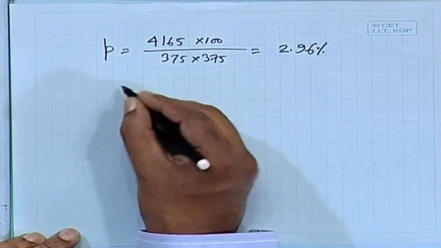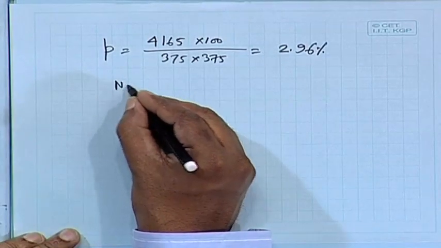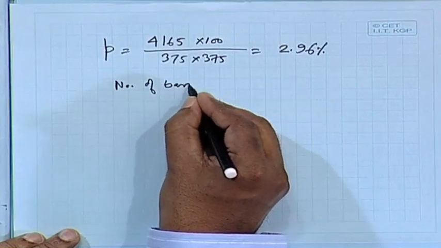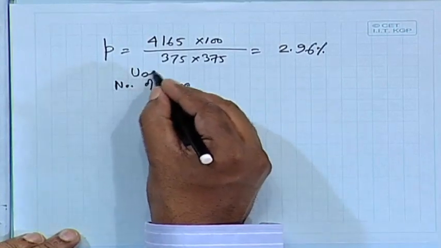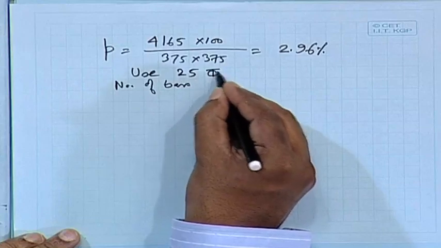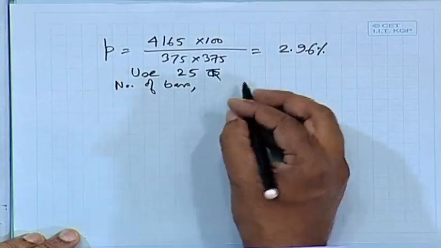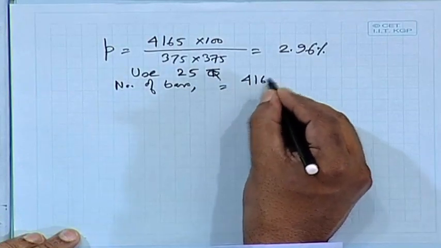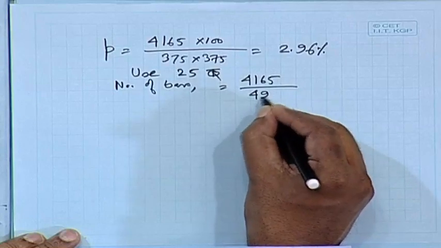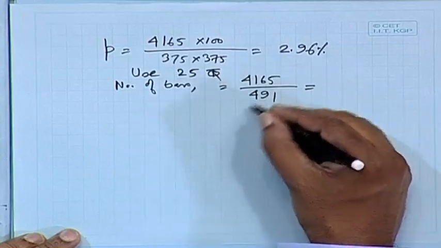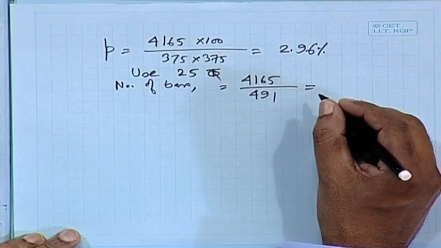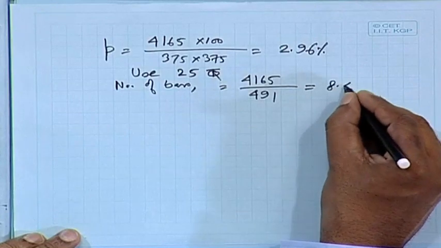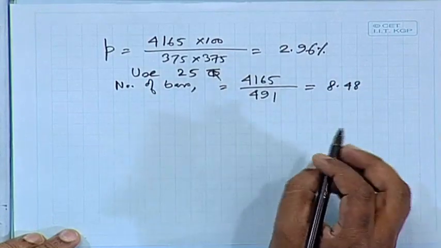Number of bars: use 25 torr, number of bars equal to 4165 by 491. That is the area for the 25 millimeter bar, which comes at 8.48. What we can do?